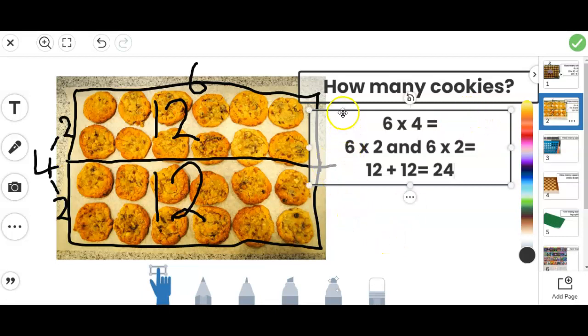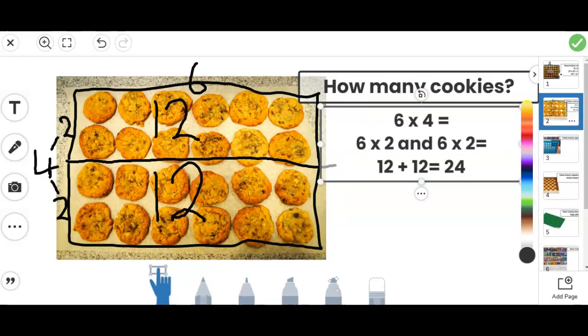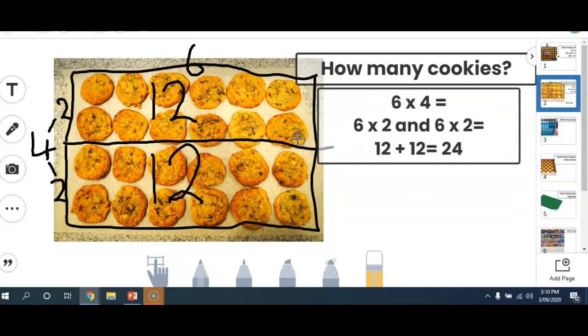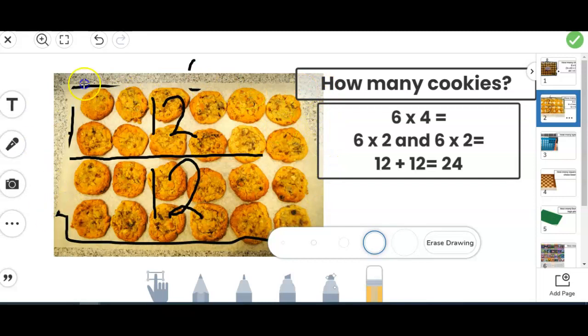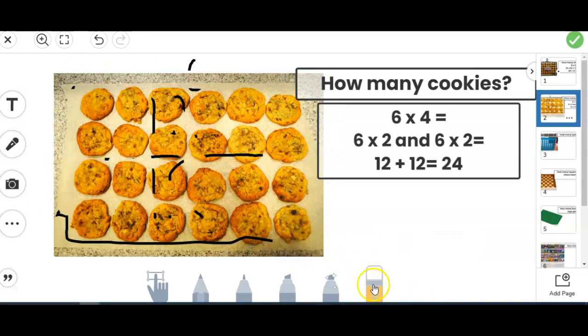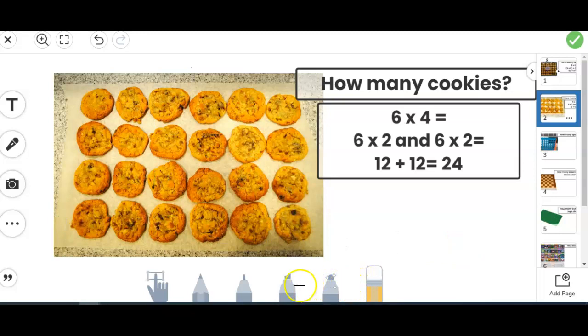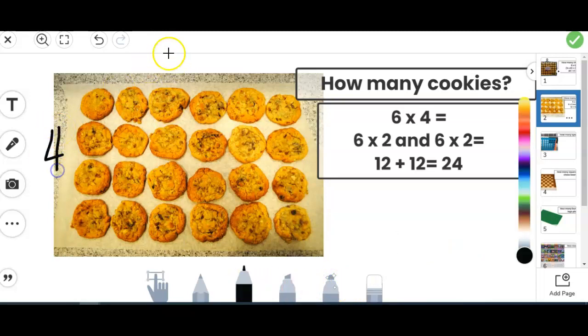Can you think of a different way that I could have split that up, to help me work out the answer more easily? So, I've got 4 and 6. I could have broken up my 6 because I know my 5s really well.